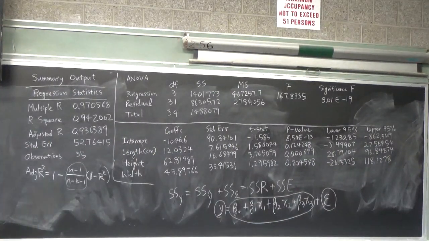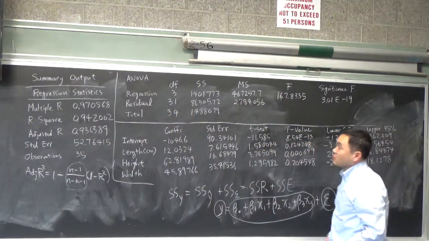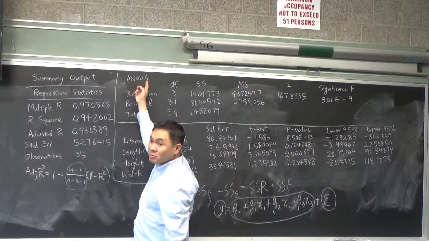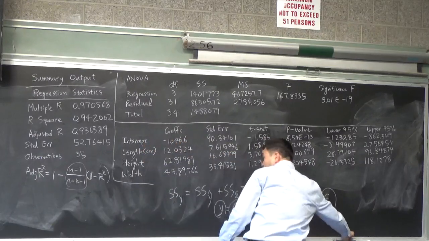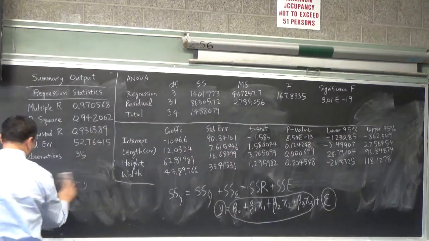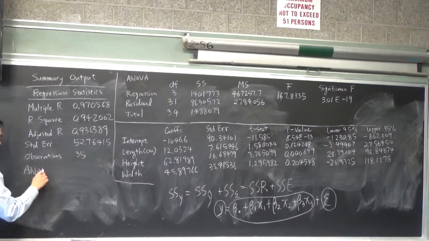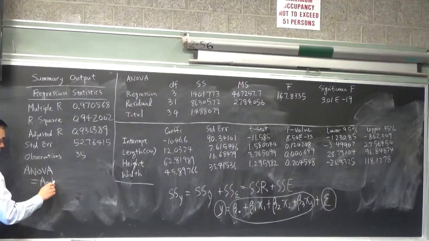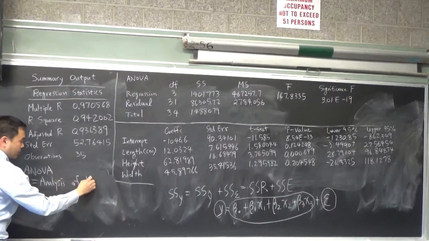Now let's move on to the ANOVA part. You're going to see this word ANOVA a lot. This is simply an acronym of analysis of variations. Okay, so ANOVA means analysis of variations.